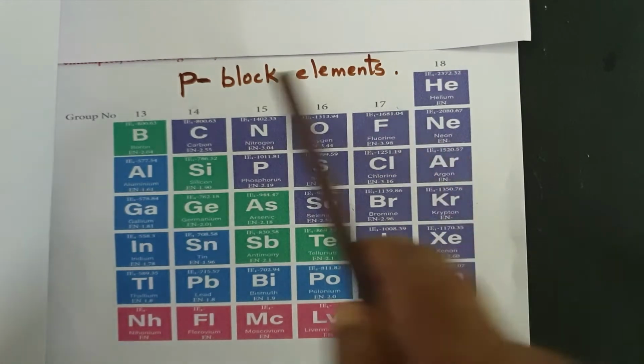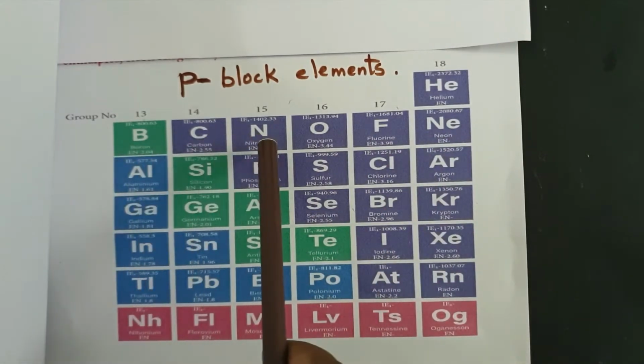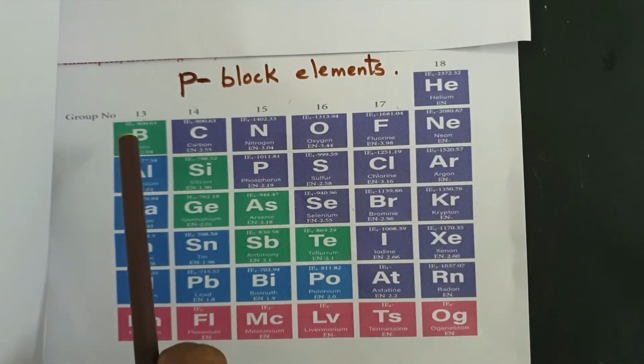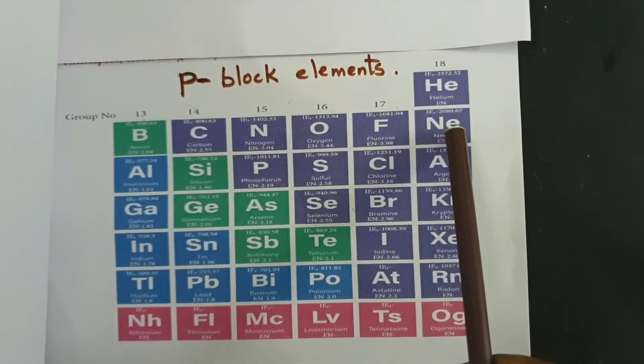Why are these elements called the P block elements? The last electron enters into the p orbital. The first members of the groups are boron, carbon, nitrogen, oxygen, fluorine and neon. So say it along with me: boron, carbon, nitrogen, oxygen, fluorine and neon.